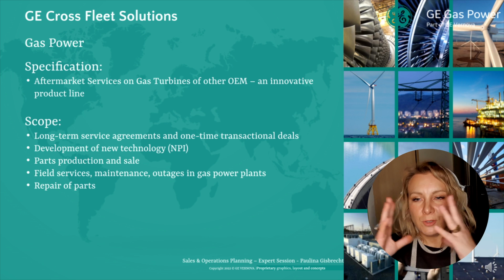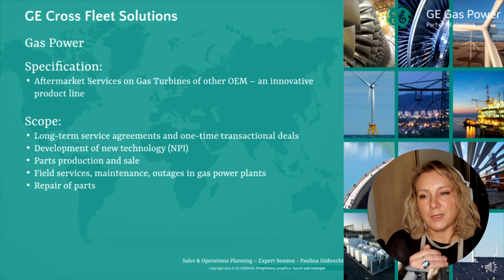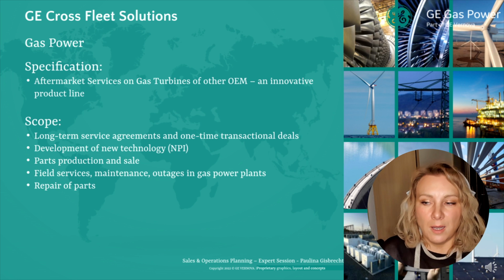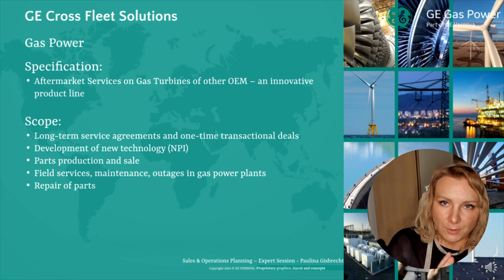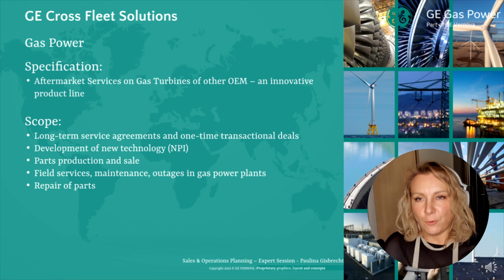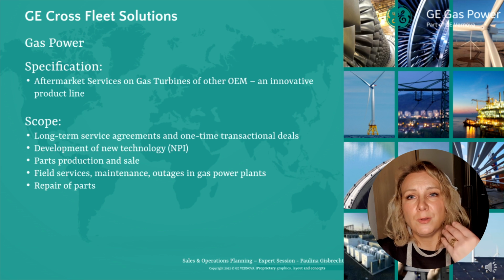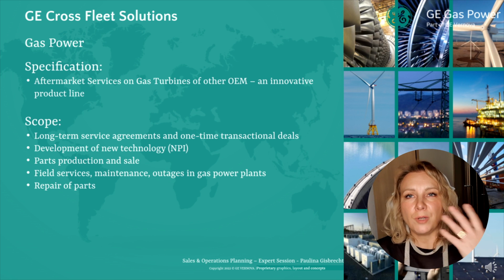In our long-term service agreements and also in our one-time deals, we are selling mostly services, maintenance, for planned and unplanned outages. But for this to be conducted, we need to sell parts, spare parts, which we had to develop. We had to develop new production processes.